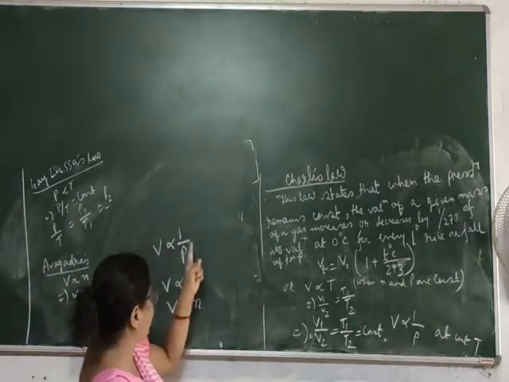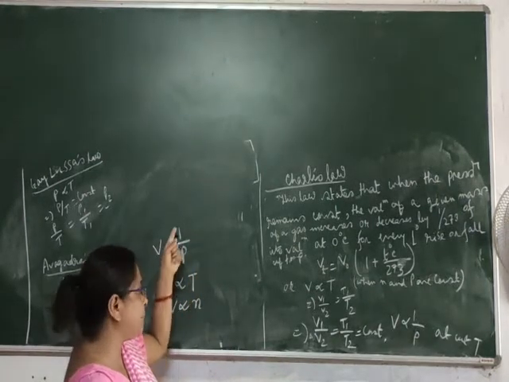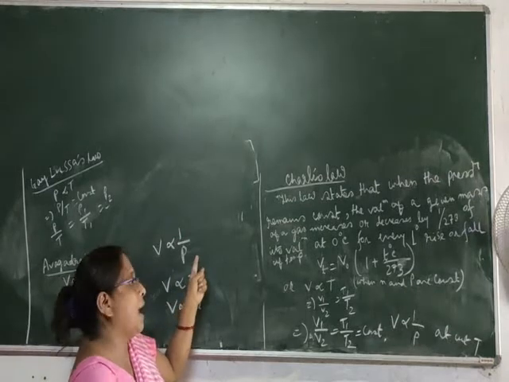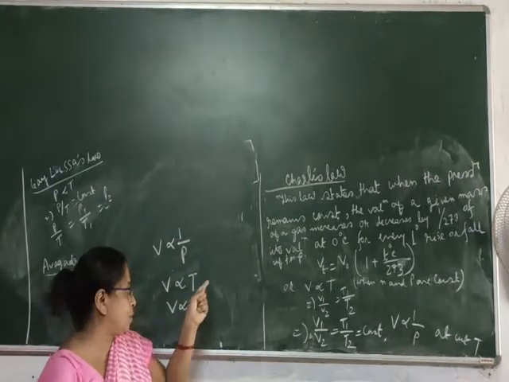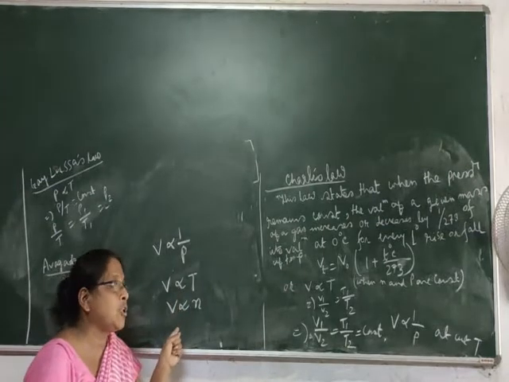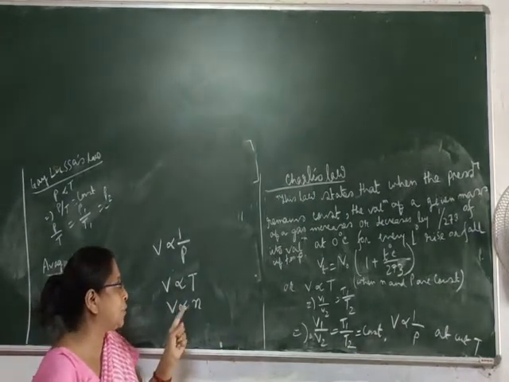So Boyle's law is at constant temperature, V is inversely proportional to P; Charles' law is at constant pressure, V is directly proportional to T; and Avogadro's law is at constant temperature and pressure, V is directly proportional to n.